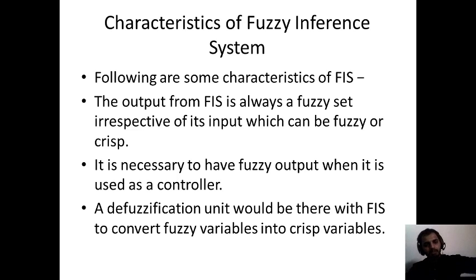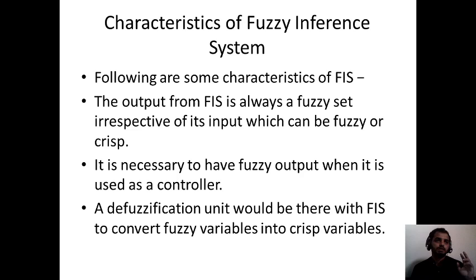Whether the input is fuzzy or crisp, the output will always be fuzzy. This is the first characteristic of FIS: the output is always a fuzzy set, irrespective of its input, which can be fuzzy or crisp.